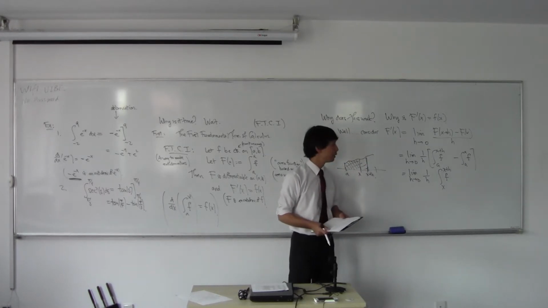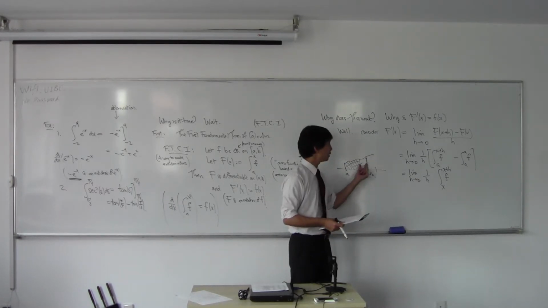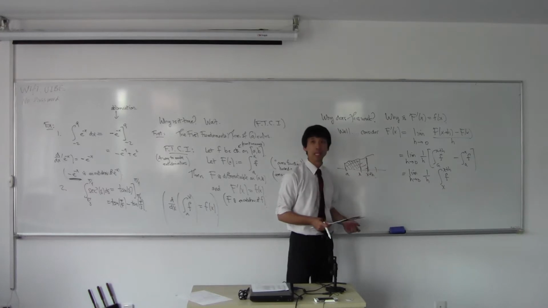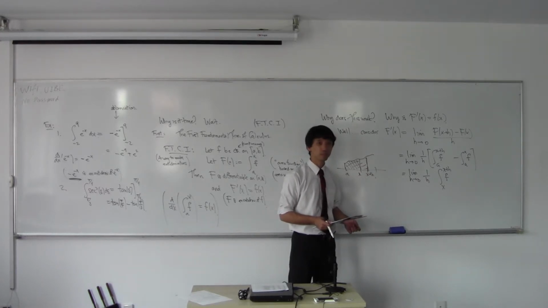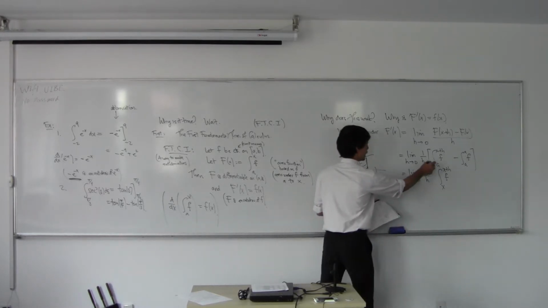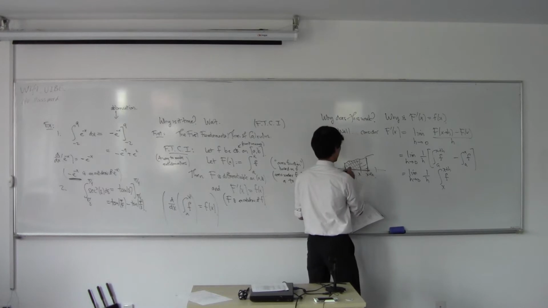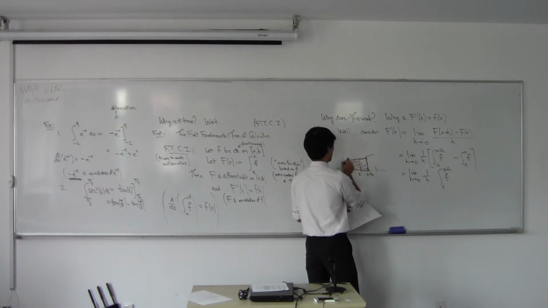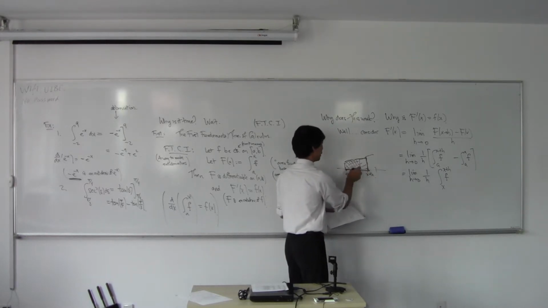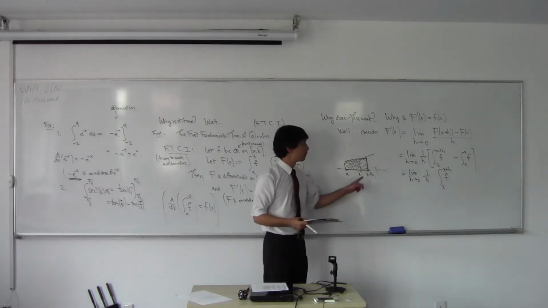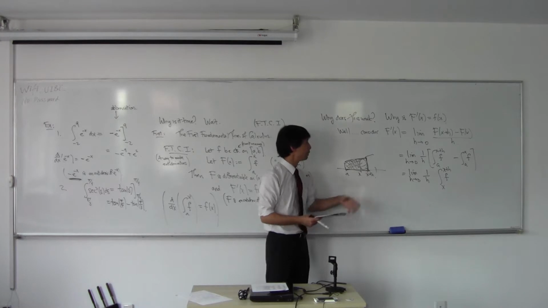The area from here to here. And then divide that thing by h. Because you took the area from a to x plus h, and then you subtracted off the area from a to x, and you're left with this area, the area under f from x to x plus h.